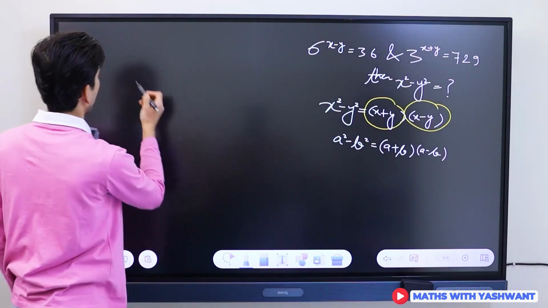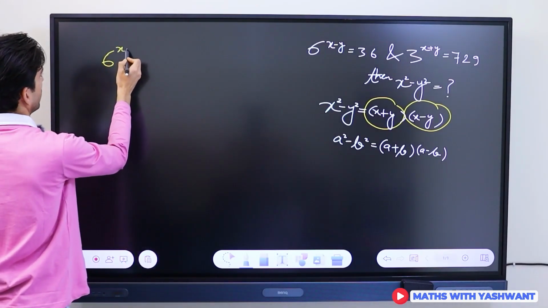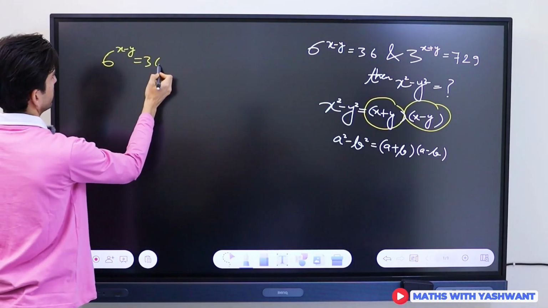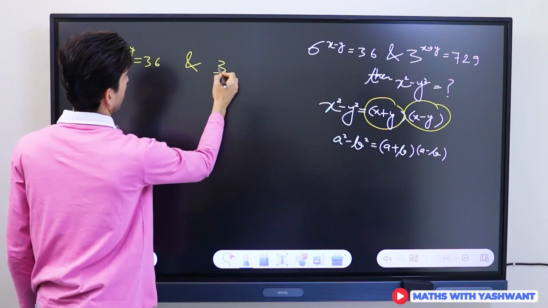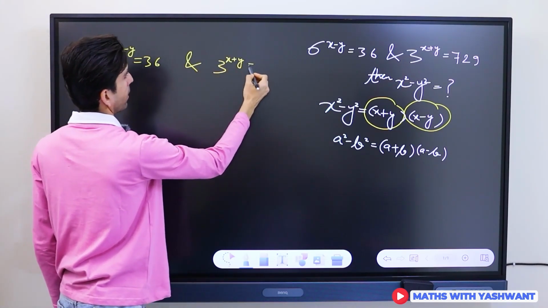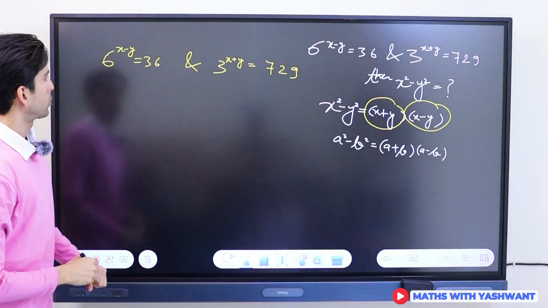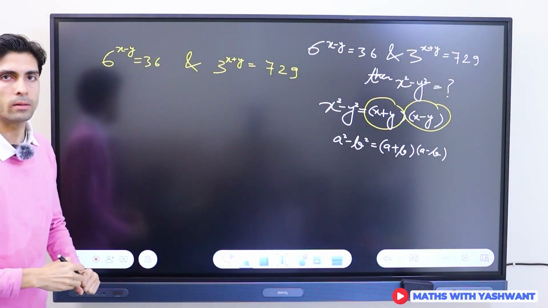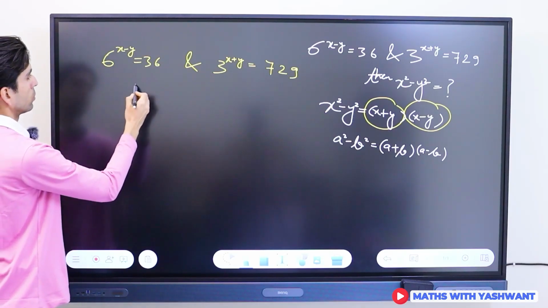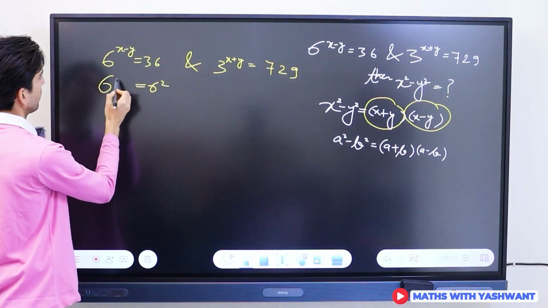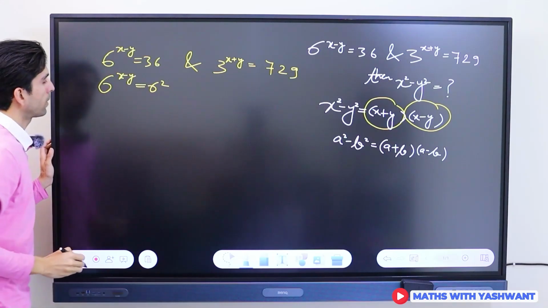Okay, so the first equality we have 6 to the power x minus y is equals to 36, and the second one we have 3 to the power x plus y is equals to 729. So 36 can be written as 6 to the power 2, right? And we have 6 to the power x minus y here.